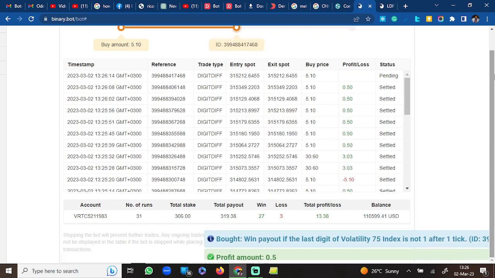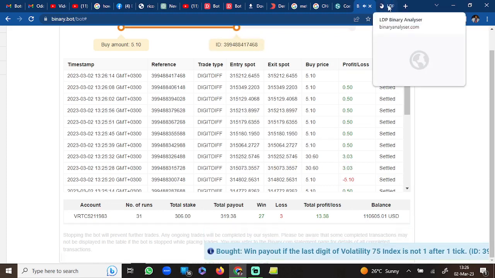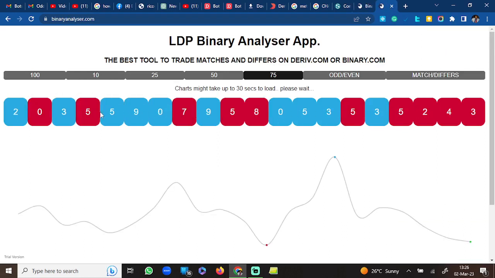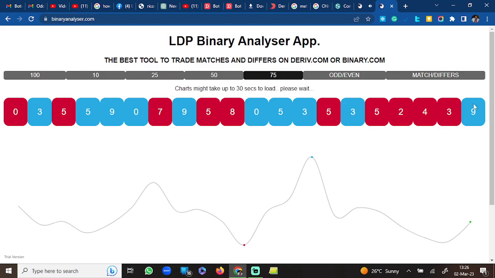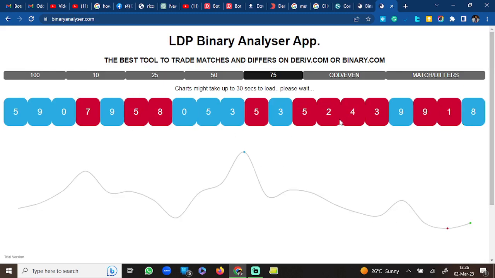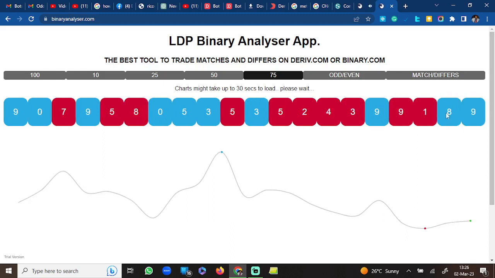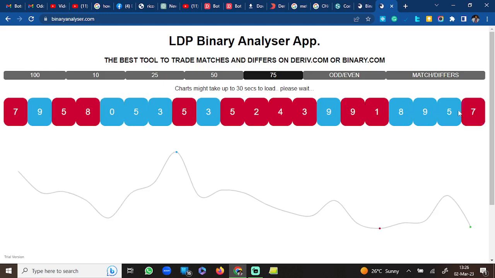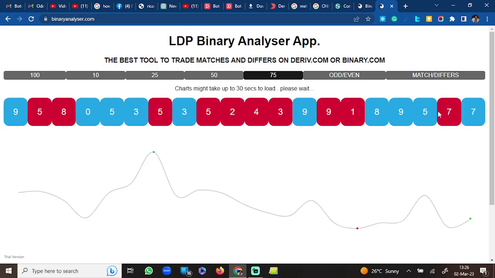So for those who wanted to learn how to use the digit analyzing tool, you can come here. You can see I predicted one is not appearing anywhere here because you check it for some time. We've lost because one has appeared here, but we are going to recover because all these are different numbers from one.